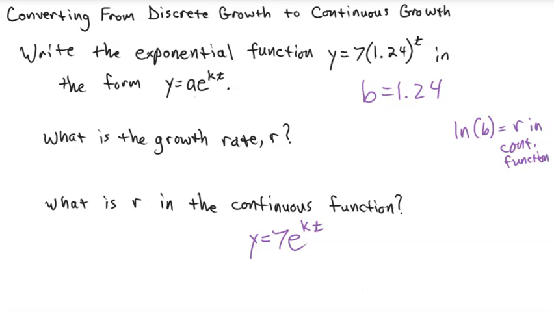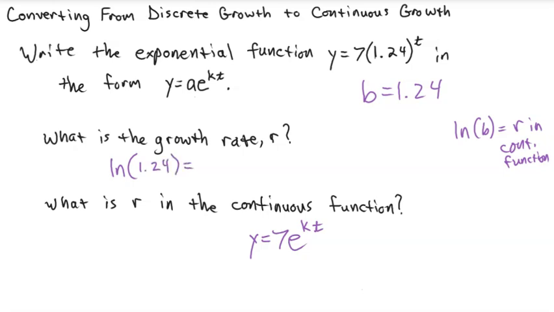You might have seen this previously when we were solving exponential functions, where in the denominator we would either have the natural log of b, or the rate for a continuous function. So when this asks what is the growth rate r, we just do the natural log of b, which is the natural log of 1.24.